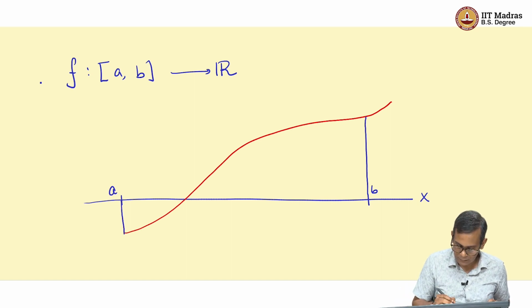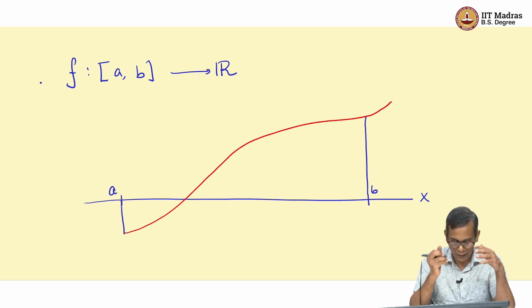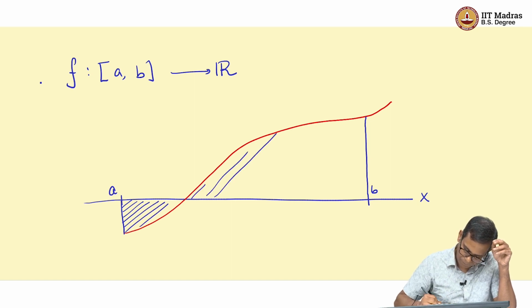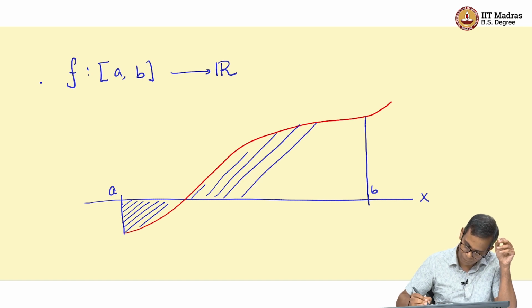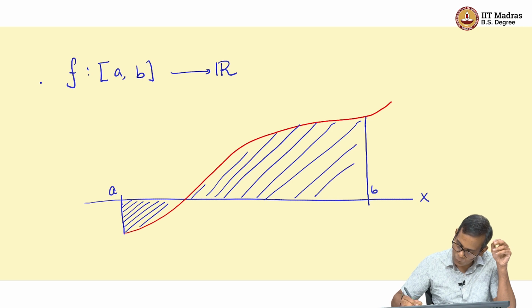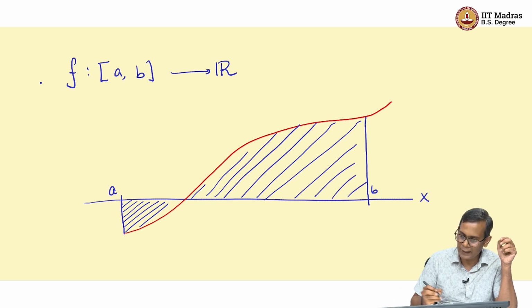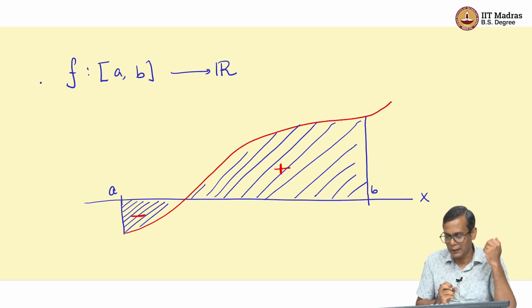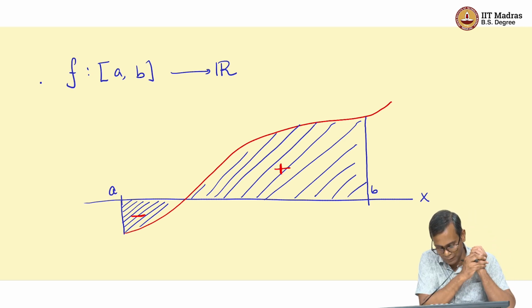So that is somehow the area between the graph and the x-axis, this shaded region over here. Not exactly the area, but we are going to think of this as a signed area. Any region that occurs below the x-axis would be measured with a negative, and anything that occurs above the x-axis would be measured with a positive.